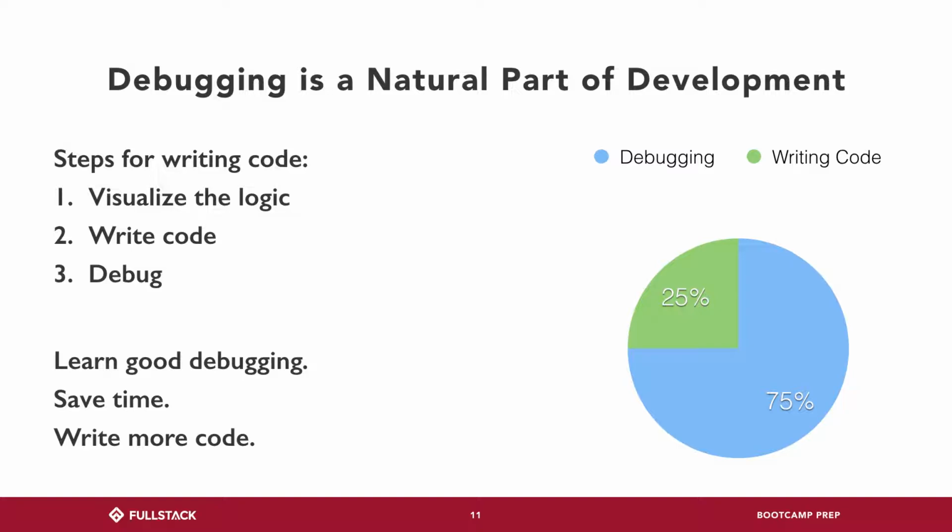More often than not, the vast majority of your time will be spent either reading other people's code, trying to understand it, doing research, or debugging your code, right? Code very, very rarely ever runs on the first try. In fact, any developer that I know, if we write code and it works the first time, we assume we did something really wrong. That's the default assumption, because there's no way this is going to work right the first time.